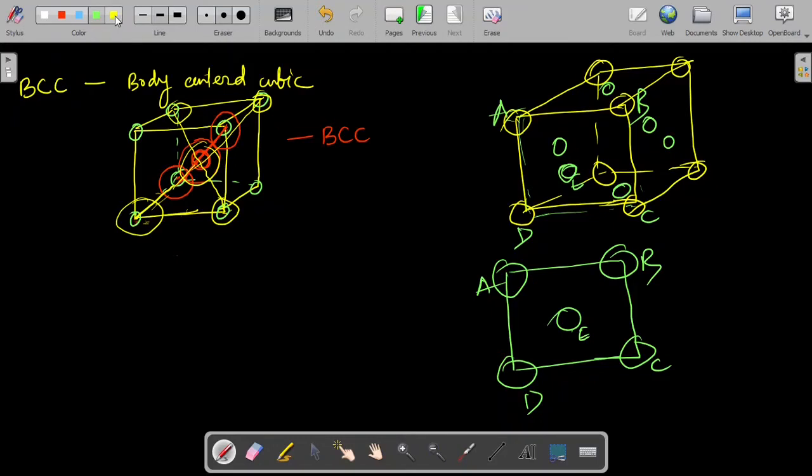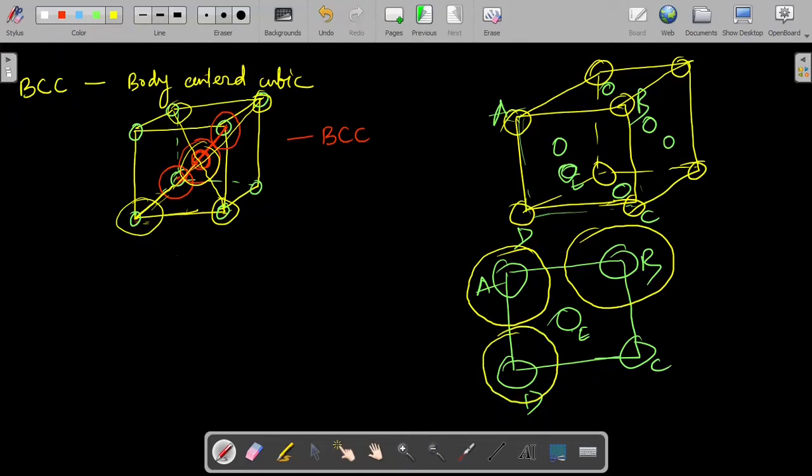If I want to draw it correctly, then what I should do is like this, like this. Oh, this should not touch actually. So that should be something like this, and then this, and there must be one atom which is touching each other.